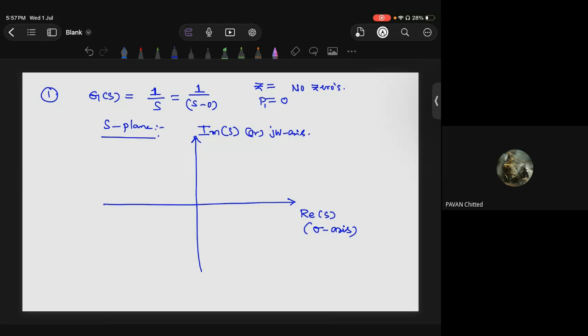Here we represent poles with a star mark and zeros with a circle. Now in this example, we don't have any zeros. We have only one pole, located at 0. Is this clear? So that is located at the origin. This we call a pole-zero diagram.